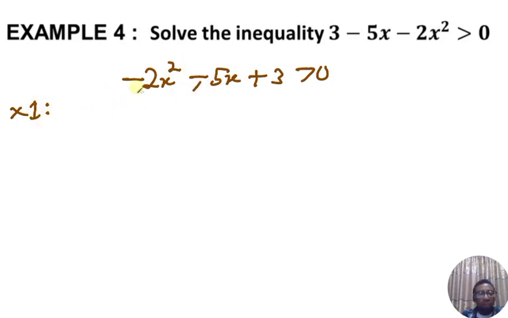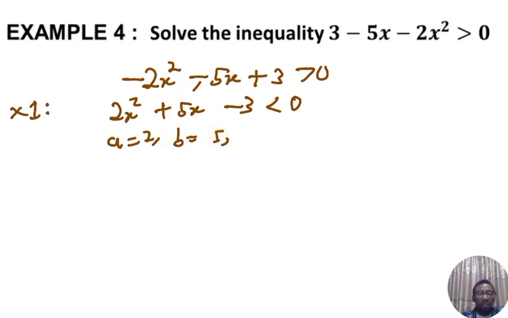If I multiply by minus 1, that will give me 2x squared plus 5x minus 3. I'll flip the inequality sign, and this will change to less than 0. So the same thing. Our new a is now 2, our b is 5, and our c is minus 3.